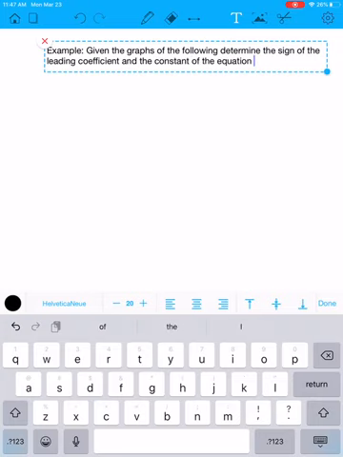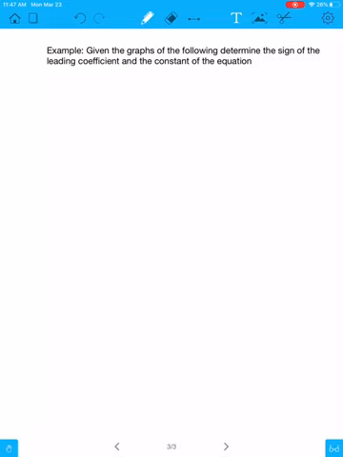Now I have to write the equation out because I can't type cubics in here. Y equals ax cubed plus bx squared plus cx plus d.